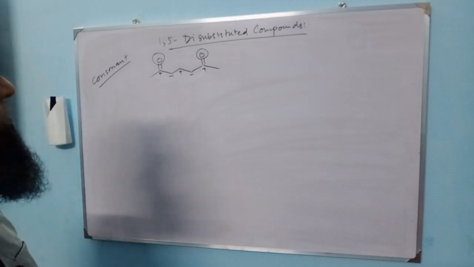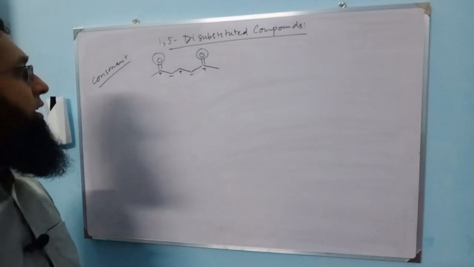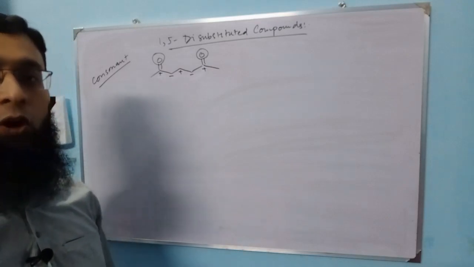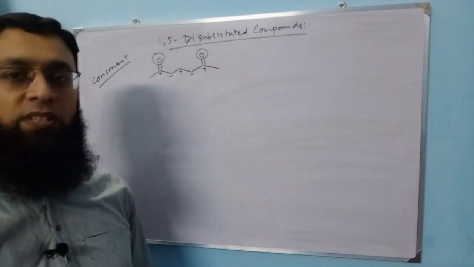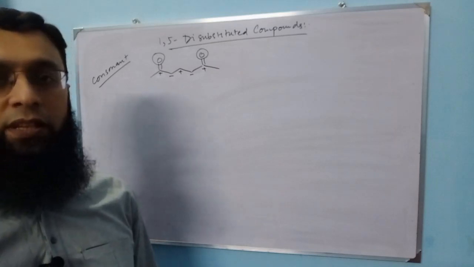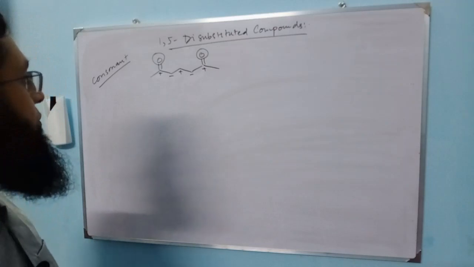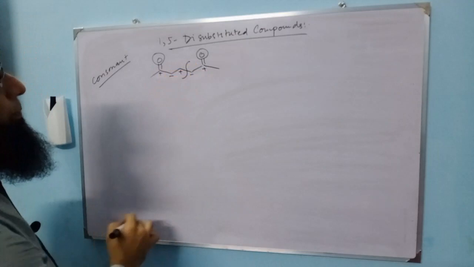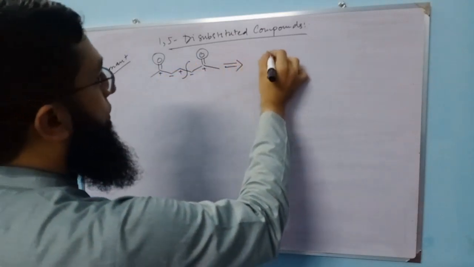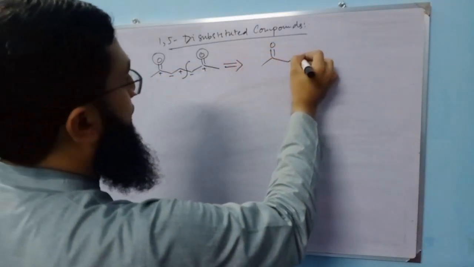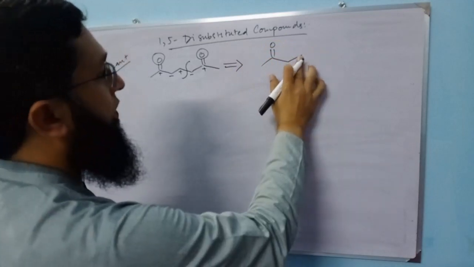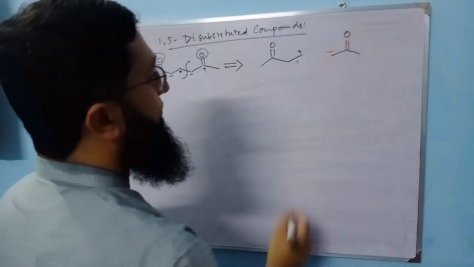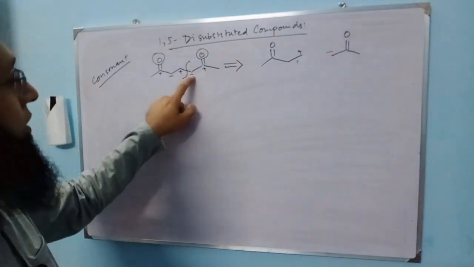Another very important rule is, simplicity is the key. When we have a complex molecule, it is a good option to try to disconnect from the center. As a result, simplicity can be achieved. So we try to do that, and here we have positive and negative, so we disconnect from here. As a result, we get positive here and negative here as per our latent polarity.